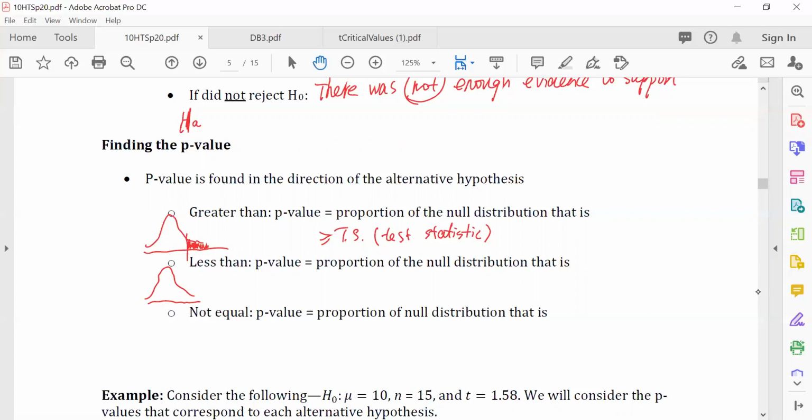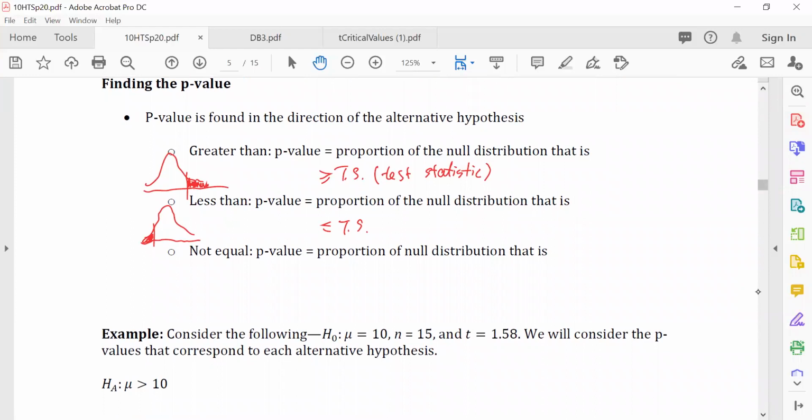So if your alternative hypothesis is a less than sign, then say if this is your test statistic that you calculated given the data you got from the sample, then the p-value is the proportion of the null distribution that is less than the test statistic. So here is the null distribution, here is the test statistic, and the area under the curve to the left of it is the p-value.